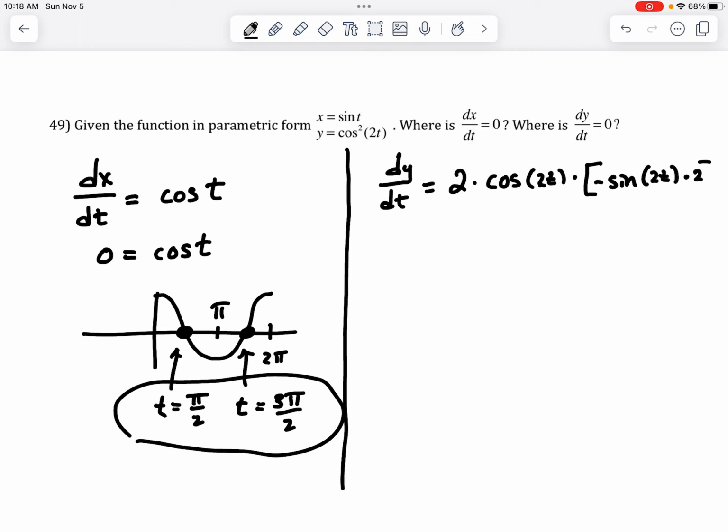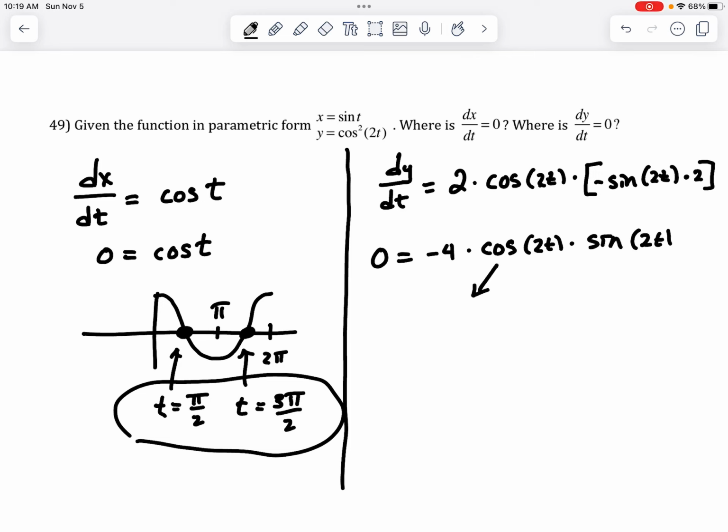And then the chain rule says also multiply that by 2. And when you set it equal to 0, you could have the negative 4 in front because we've got the 2 times 2 and a negative. And then we would have a cosine of 2t, and we would have a sine of 2t.